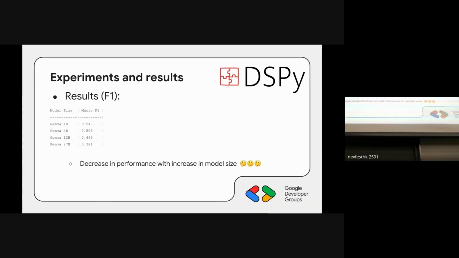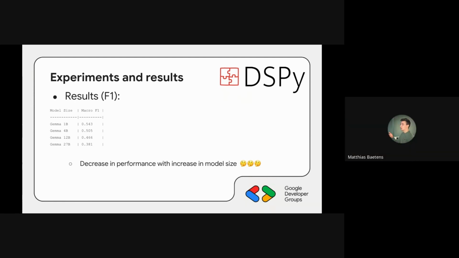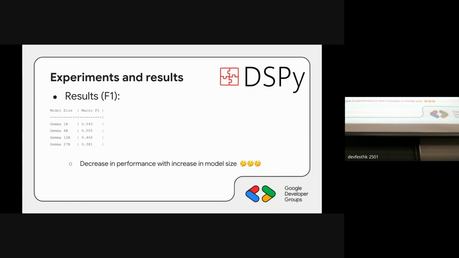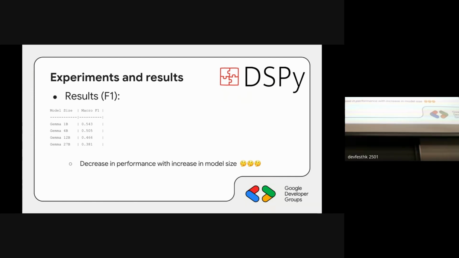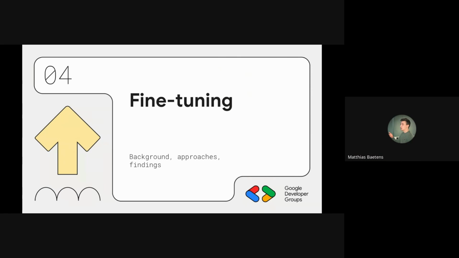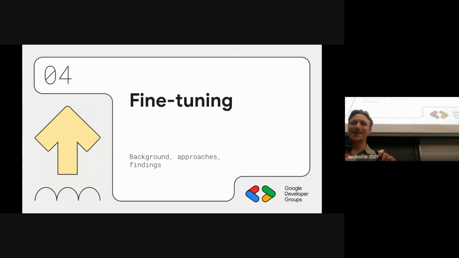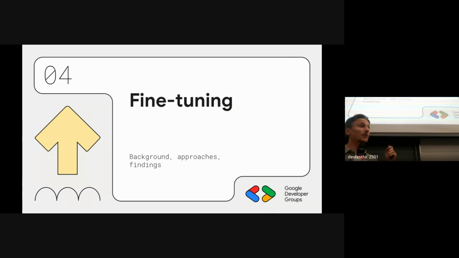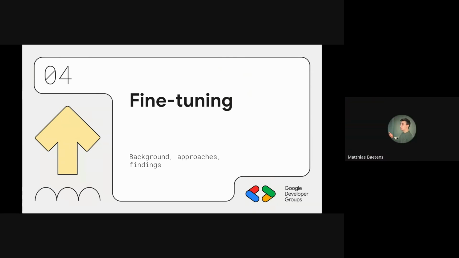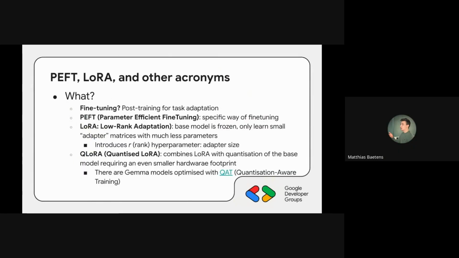But then in the other experiment, I saw a decrease in performance with an increase in model size. And I think I should have known something was not entirely right. But I kind of ignored it at that point, driven by curiosity, with not so great results so far, and the promise of being able to label a dataset with a bigger model and getting a lot better results. So that's when I started going into fine-tuning, also another journey without great outcomes.